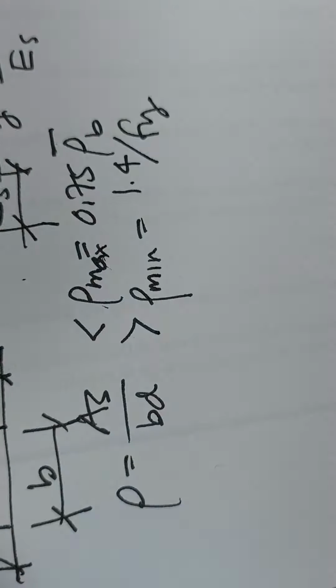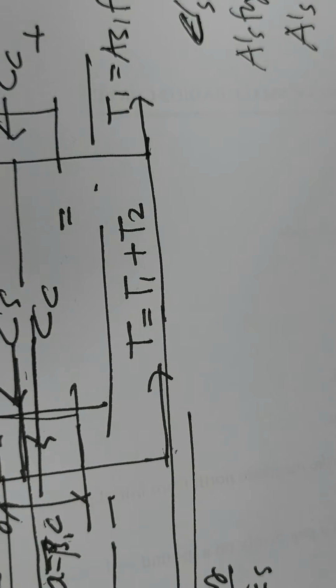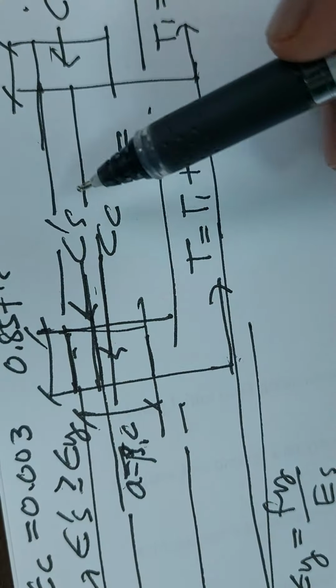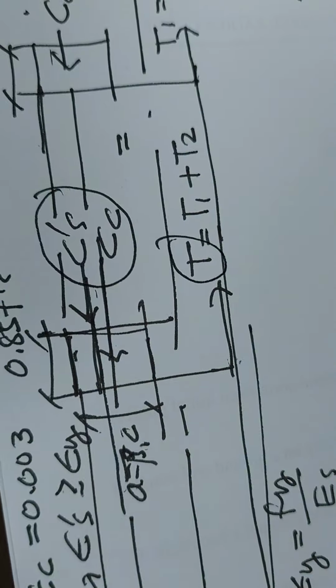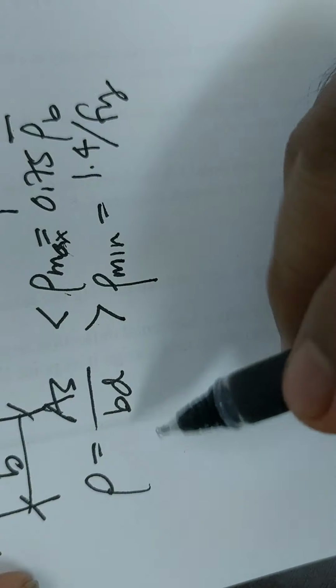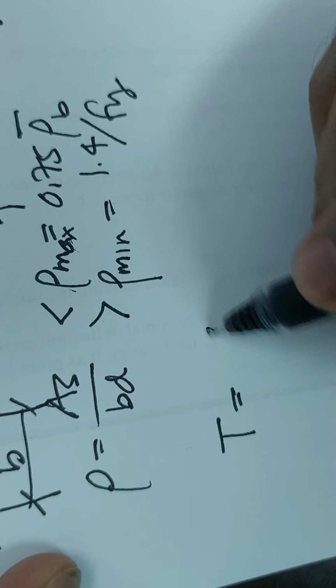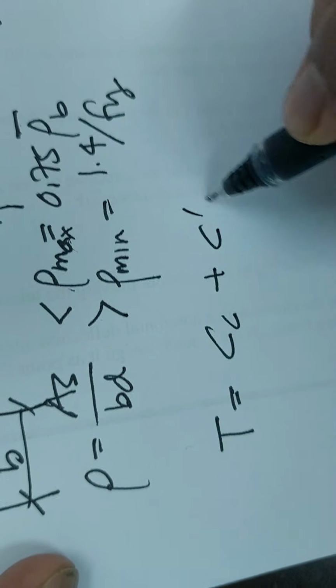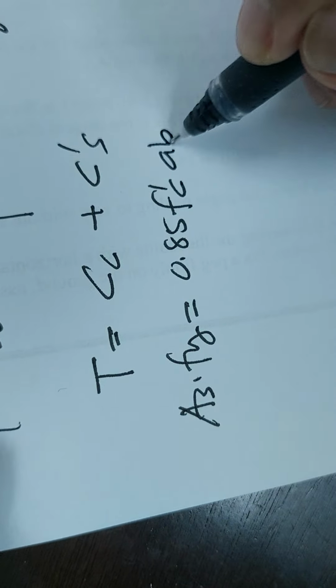How can we determine the balanced steel ratio? Therefore, by taking summation of forces here, okay, C prime S, C sub C, and T. Therefore, we can say that T is equal to C sub C plus C prime S. Therefore, it is here AS times Fy equal to 0.85 F prime C AB.